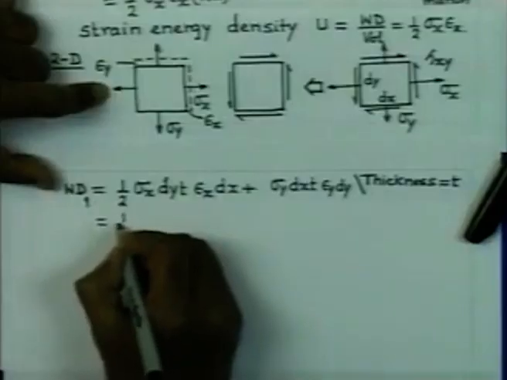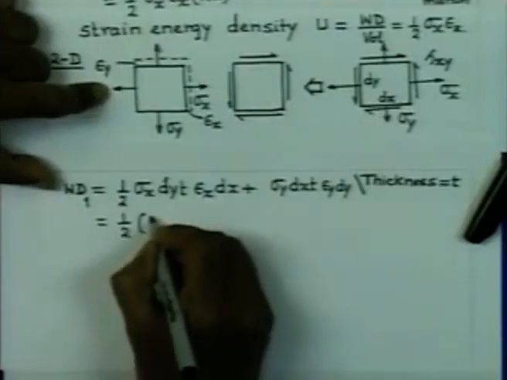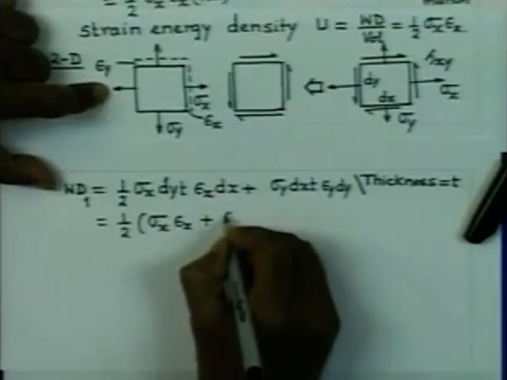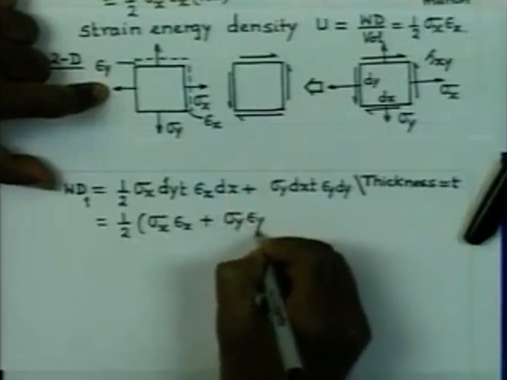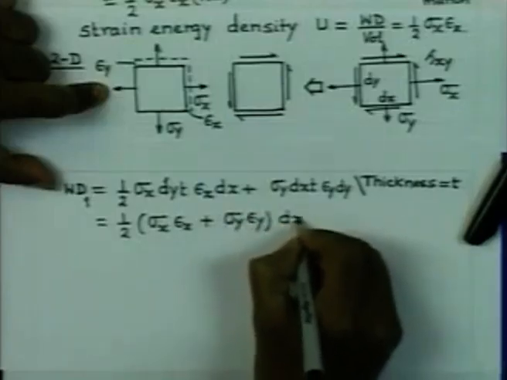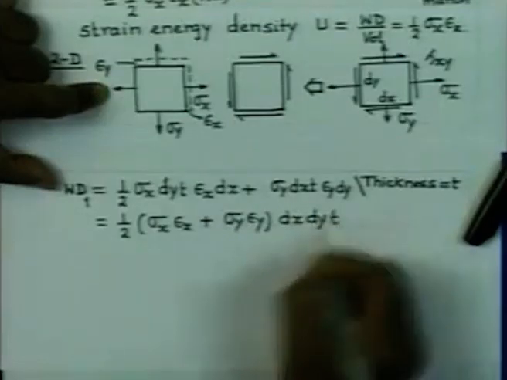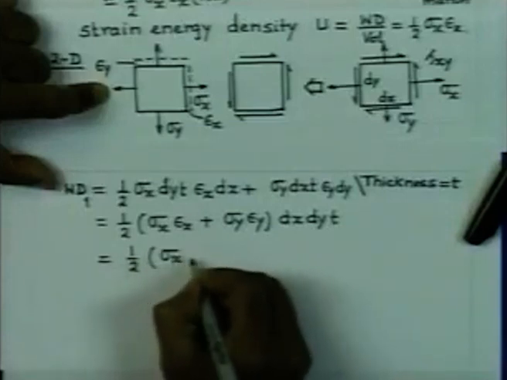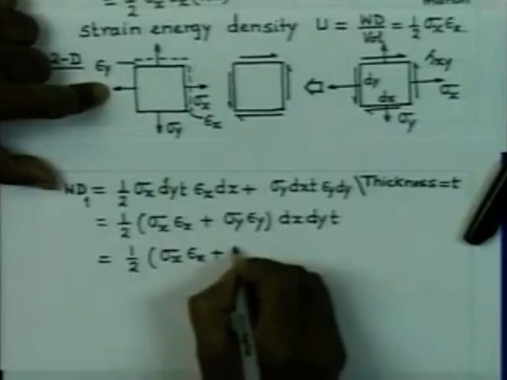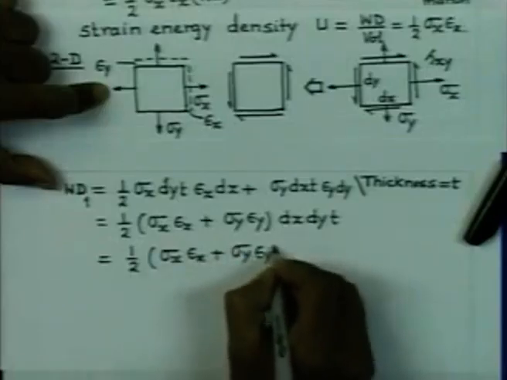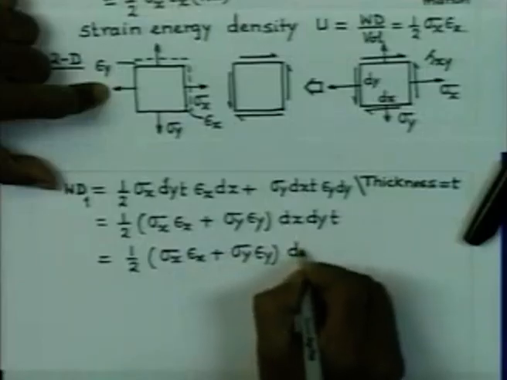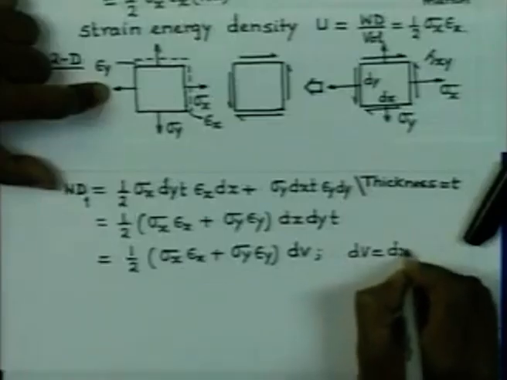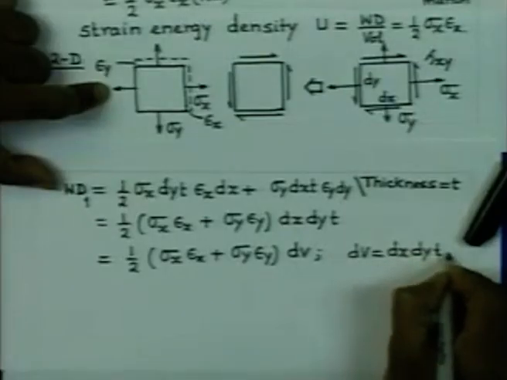By simplifying, what we get is half of sigma x epsilon x plus sigma y epsilon y into dx dy into t, and this is nothing but half of sigma x epsilon x plus sigma y epsilon y into the volume, let us say this is dV, wherein dV is equal to dx dy into t.